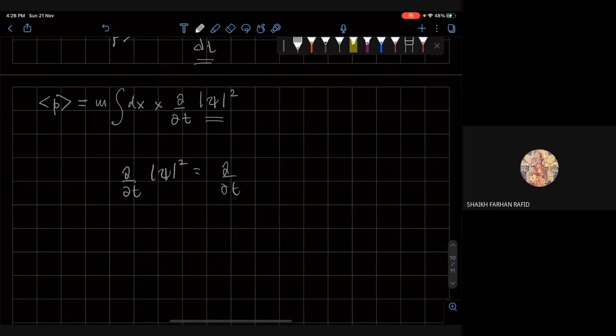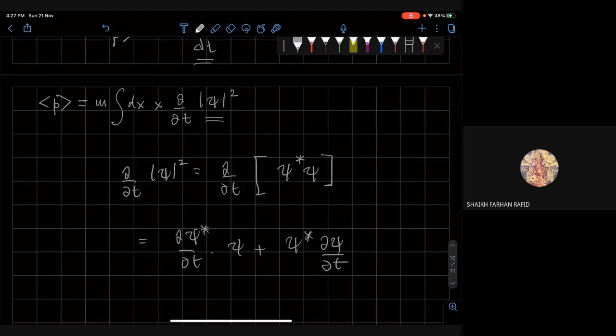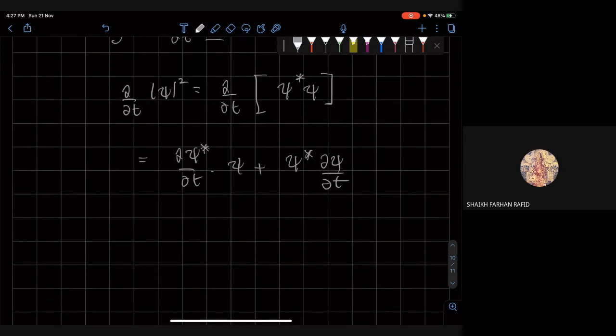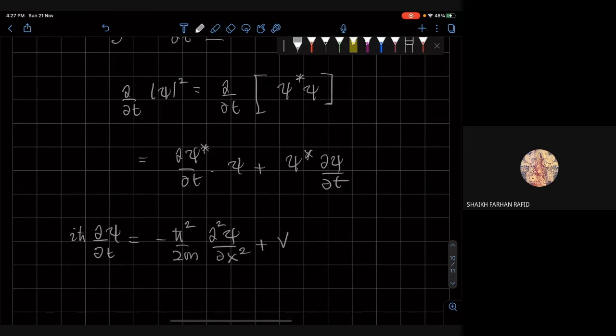So this is psi star psi, right? So this is del psi star del t times psi plus psi star del psi by del t. Now, according to the Schrodinger equation, what do I have? I h bar d by dt of psi is minus h squared by 2m del squared psi del x squared plus V of psi, right?